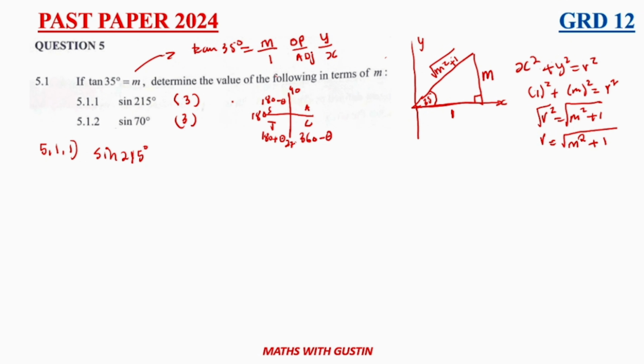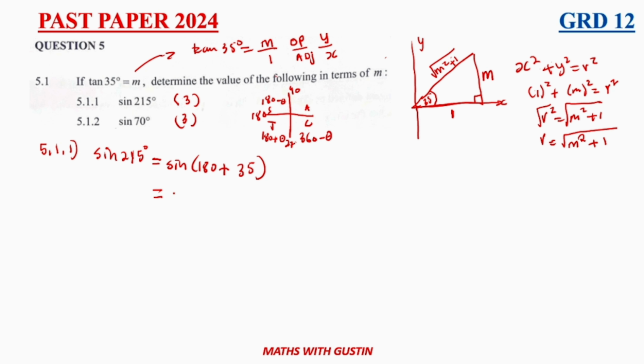Using your Cartesian plane, where is this 215? It's here in the third quadrant, which is symbolized by 180 plus. Sine 180 plus 35 gives us sine 215. Make life easy for yourself, guys. Is sine positive or negative here?